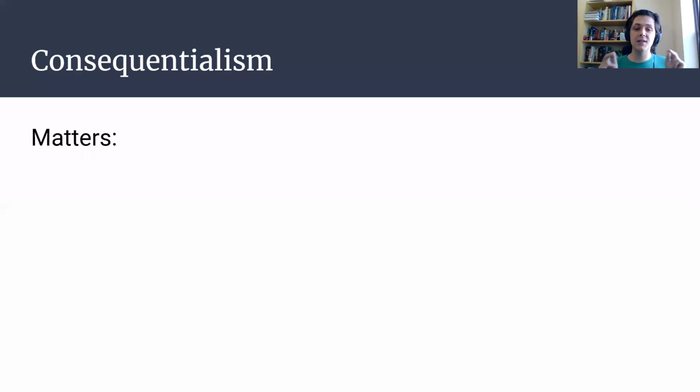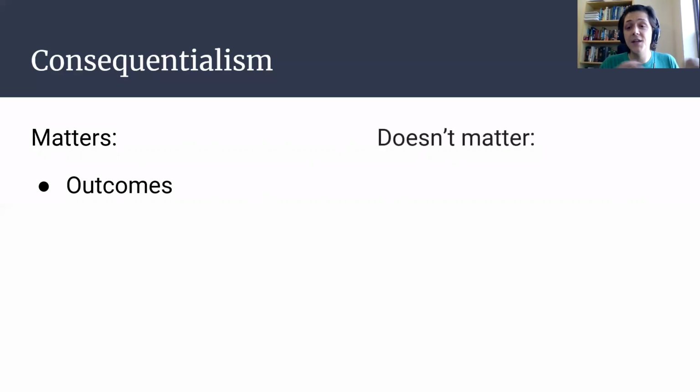So for the consequentialist, we can look at everything that matters and everything that doesn't matter in two columns. What matters, the outcomes of your actions. That matters. End of list. That's all that matters in determining whether your action was good or bad for the consequentialist. The outcomes of your actions. That's it.